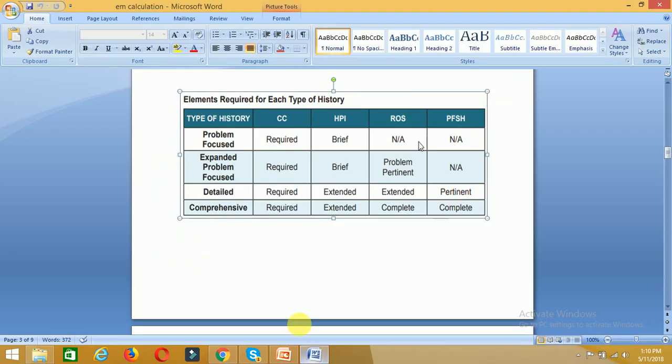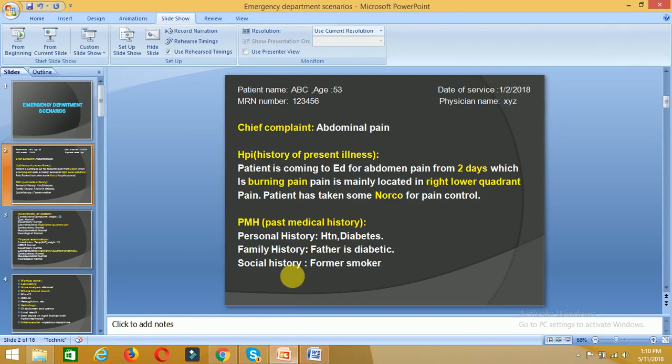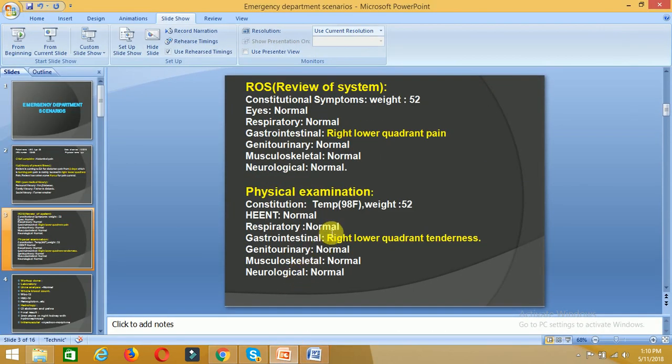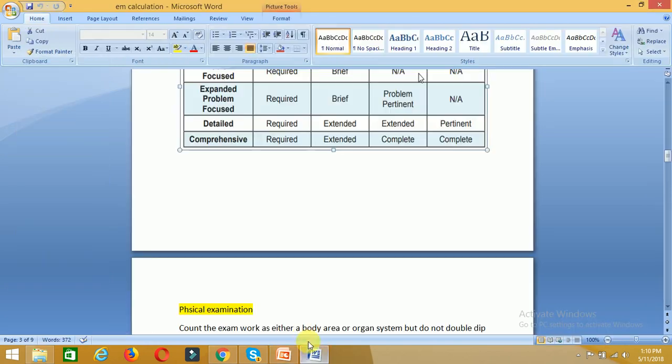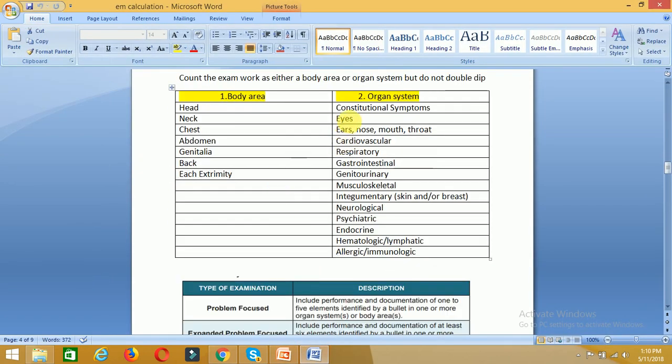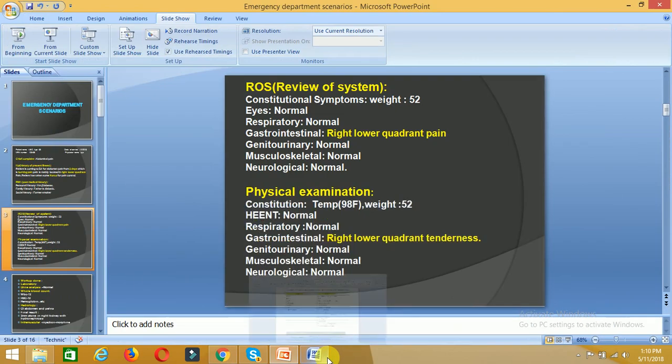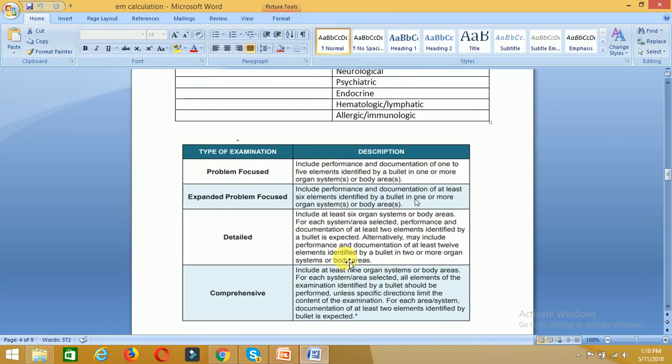Next we will see physical examination of the chart. What systems are reviewed by the physician? 1, 2, 3, 4, 5, 6, 7. So 7 systems are reviewed by the ED physician. We can check here also. 7 means for problem focused we need 1 to 5.